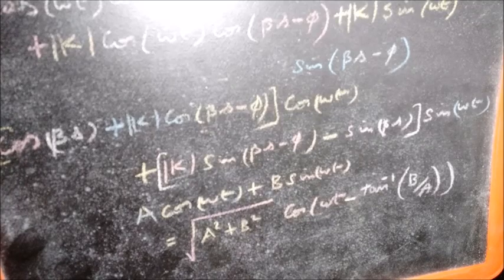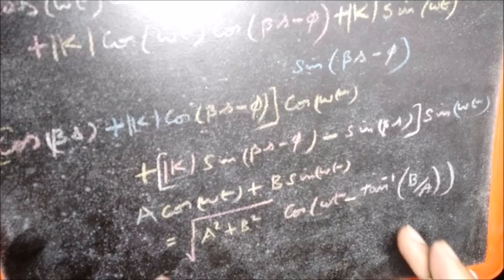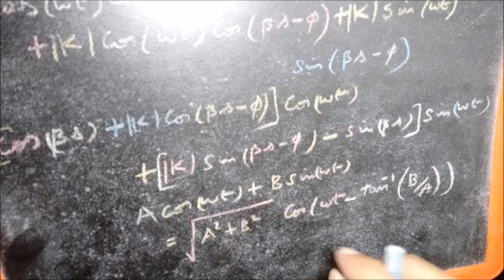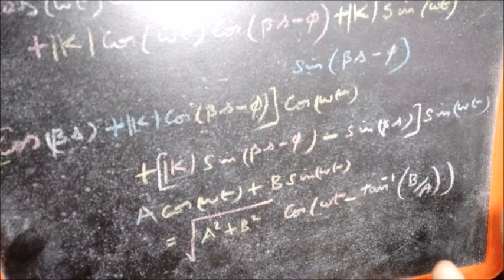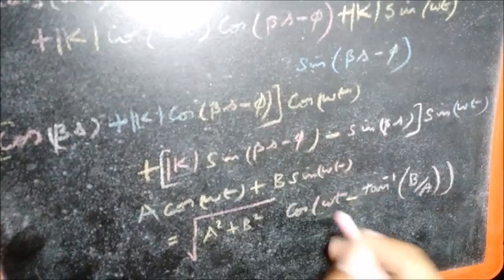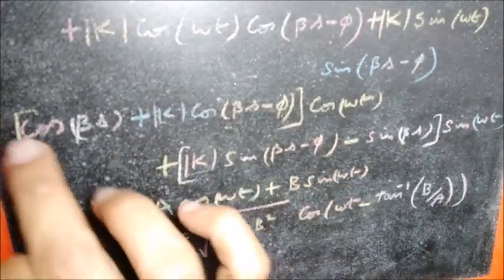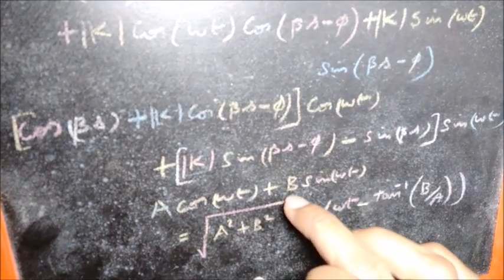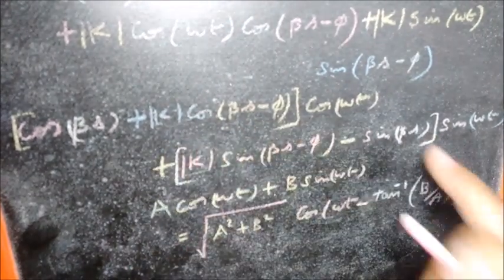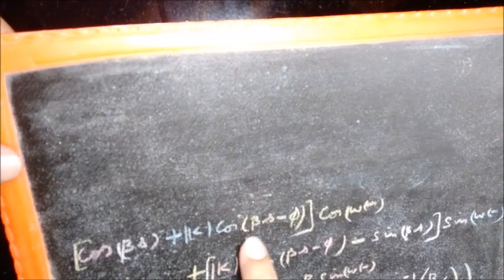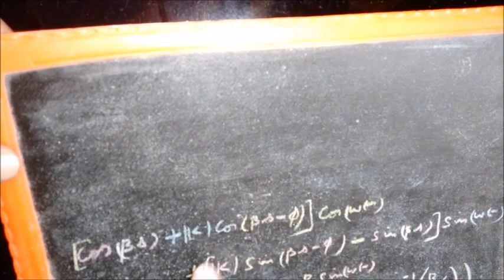And now, with the help of this, we can write this in the form of an amplitude times cos(omega t minus some phase term). So when we do that, you can compare these two relations that I have here. The role of A is played by this, and the role of B is played by this, which means that square of this plus square of this will come under root.